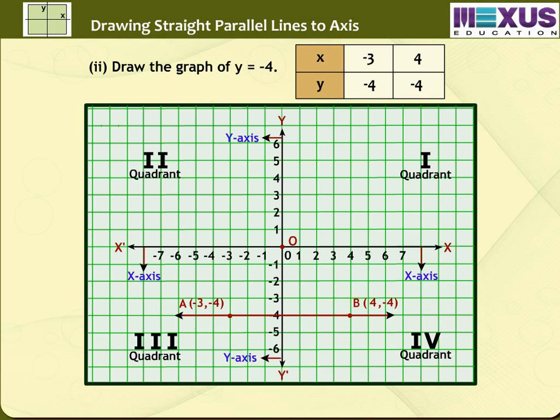Then join these points A and B and extend this line on both sides to obtain a line parallel to the x-axis. And this line is also called the graph of y is equal to -4.